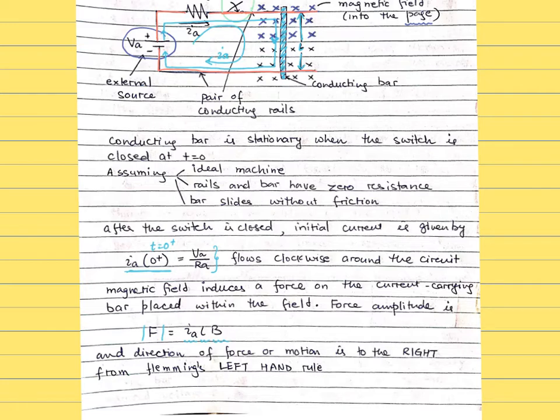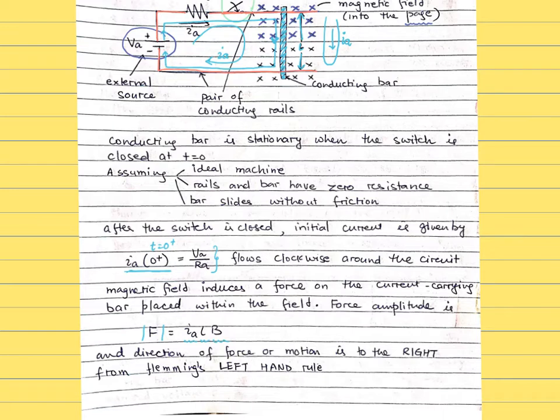The second finger is the direction of the current, because IA flows from top to bottom through the conducting bar. First finger into the page, second finger top to bottom, and now you will see that your thumb, which is the direction of the force, is pointing towards right.